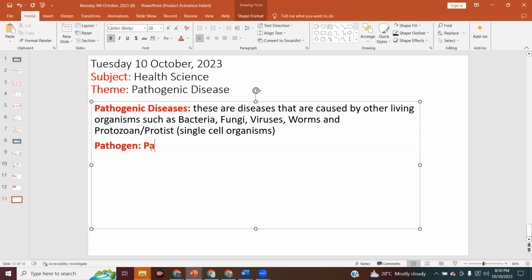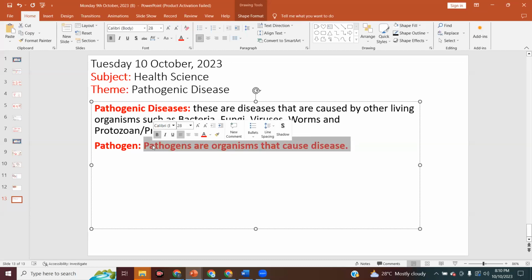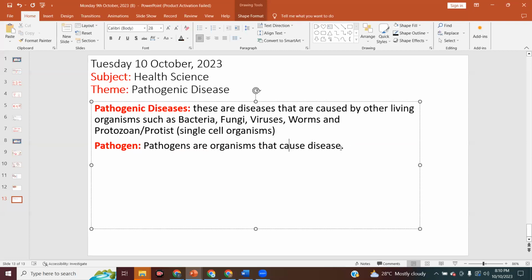So pathogens are organisms that cause disease. These are gonna be like your bacteria, the fungi and stuff like that. Those are pathogens.